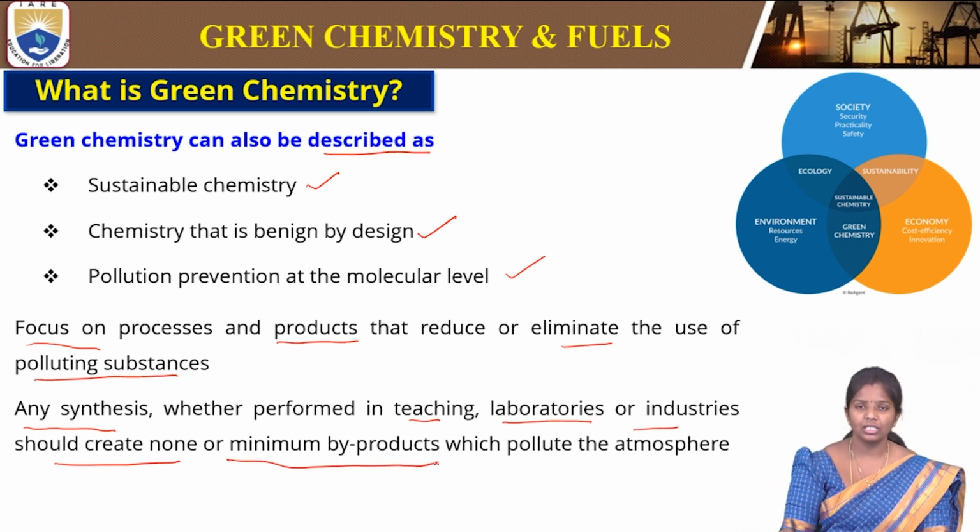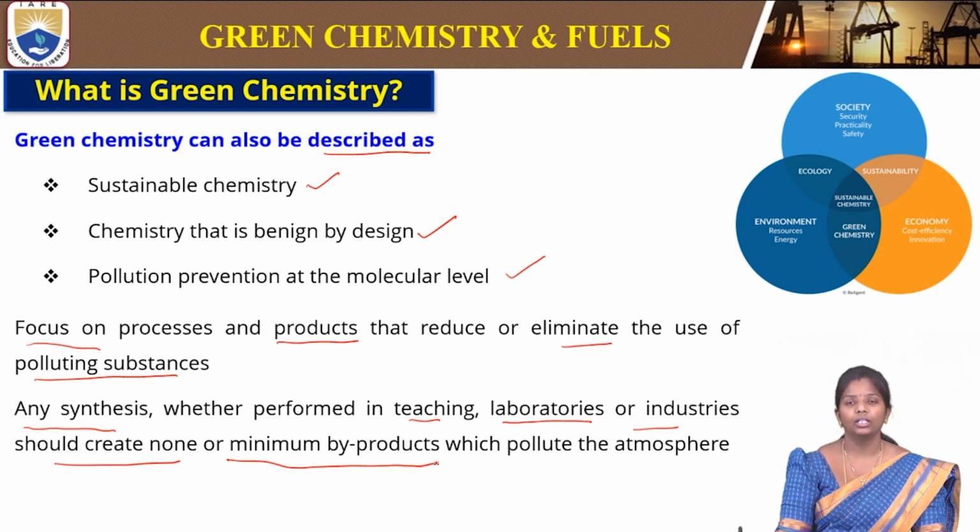So, any process that we do in our learning laboratories or industries should produce minimum byproducts, or none at all, that pollute the atmosphere. So we have to minimize the byproducts or the waste that is generated from these processes.